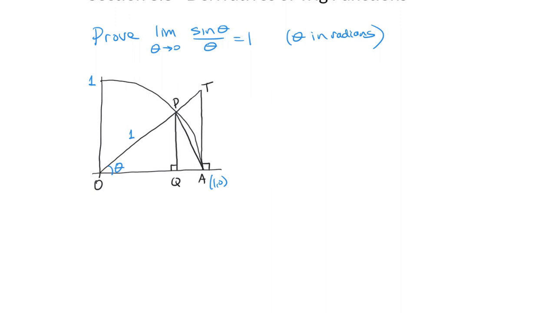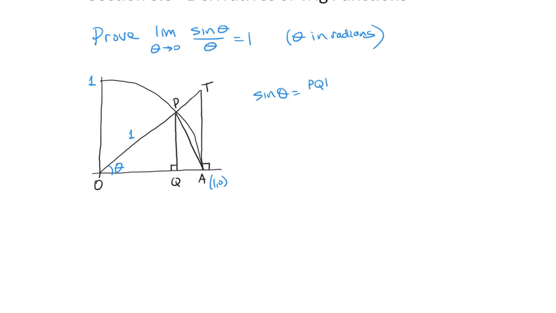and this is a straight line here from P to A. Okay, so when you look at this, if you think of the sine of theta, if I use this angle here, or this triangle OQP, sine of theta is going to be opposite over hypotenuse. So I get sine of theta equals the opposite. In this case, the opposite would be the length of PQ.